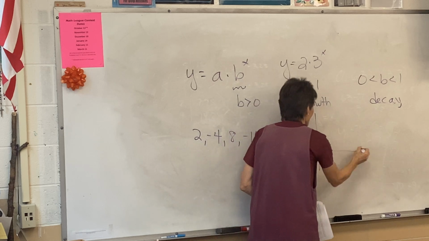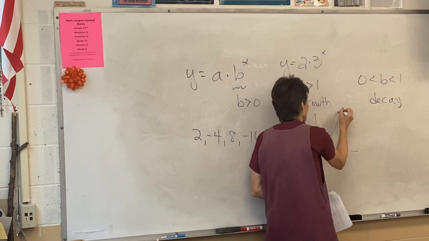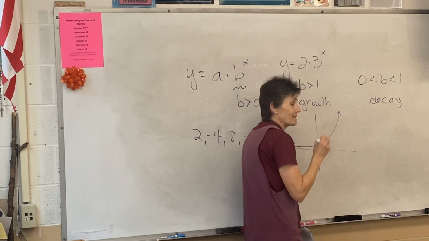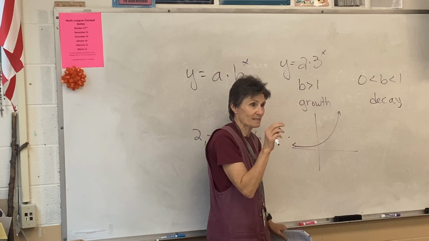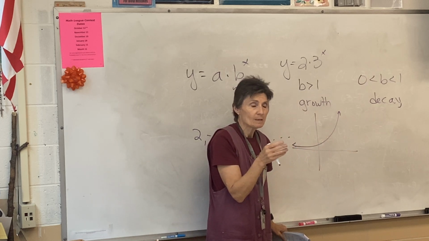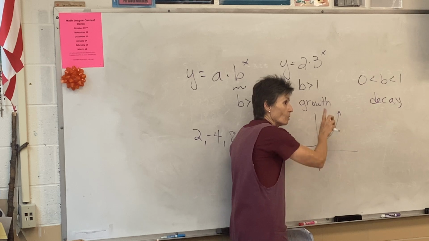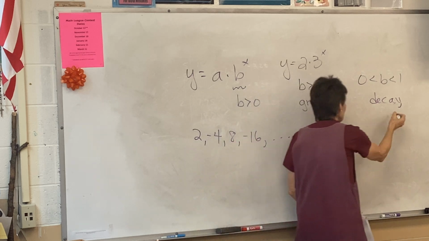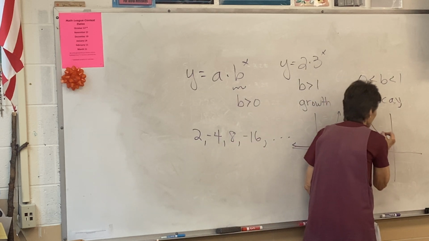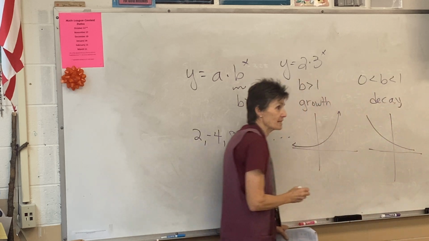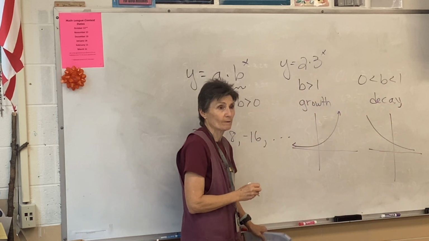Your BFF that you memorized was e to the x. So your base was e, which is 2.7. So that was growth. You have exactly the same idea, but if it's decay, it looks like that. They get smaller and smaller and smaller.